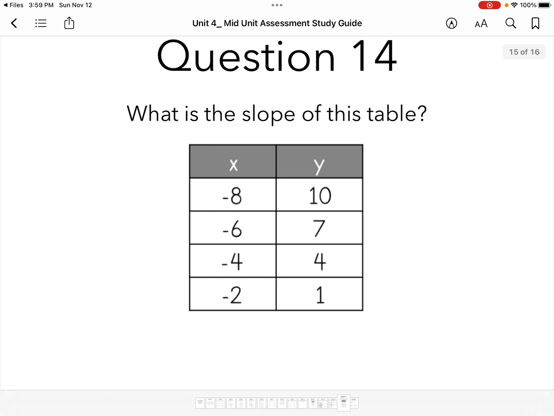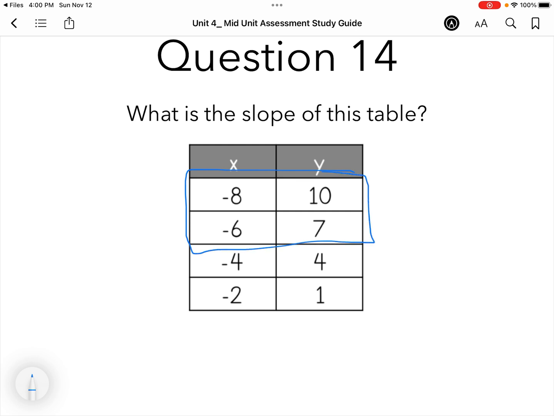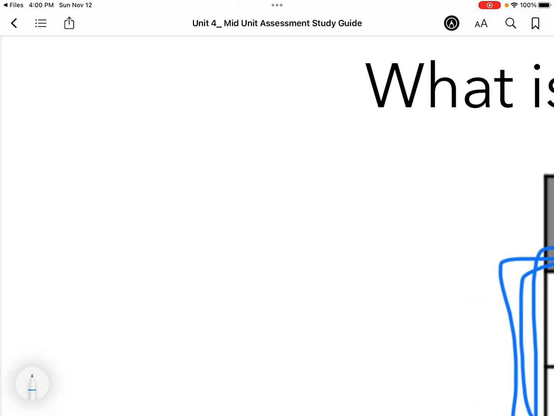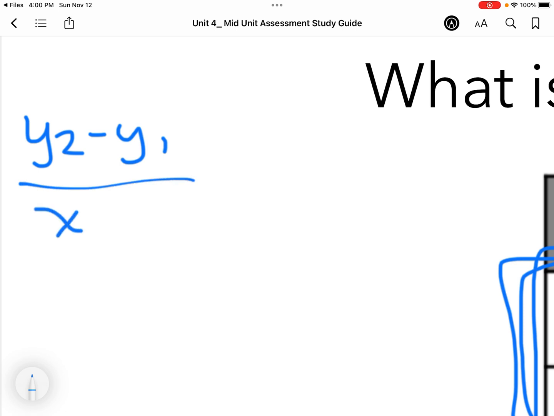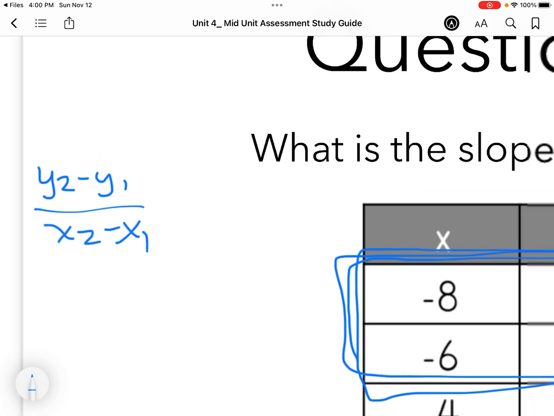All right, what is the slope of this table? This question is actually going to ask you to compare a graph and a table, and it's going to ask you which graph has the same slope as the table. So again, you're going to do y2 minus y1 divided by x2 minus x1.